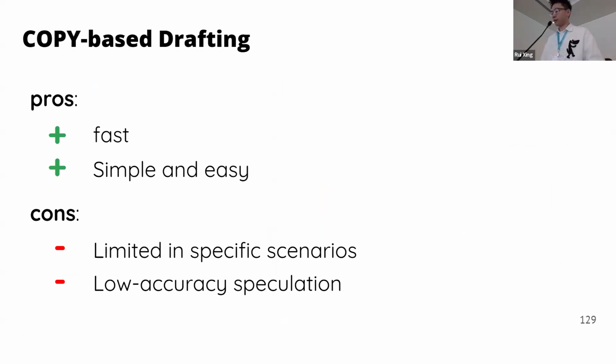In some scenarios, like general generation, we could not find similar or matched spans from the input, right? Like translation, we have two different languages, so we could not match the spans from the input to the output. In these scenarios, the copy-based drafting is quite limited. It has a relatively low speculation accuracy.